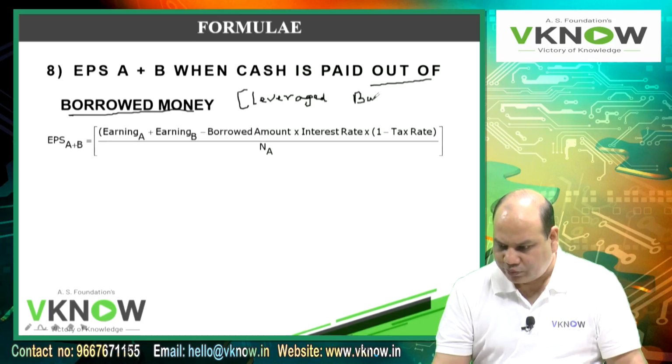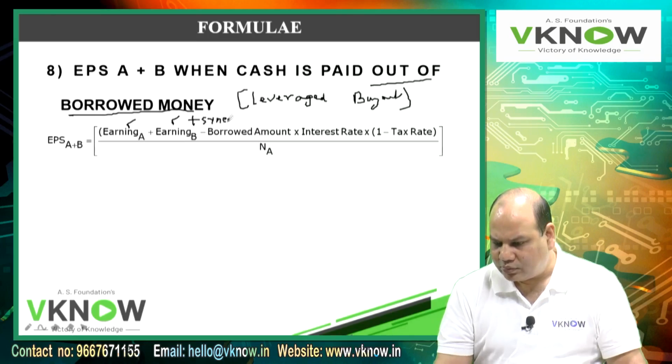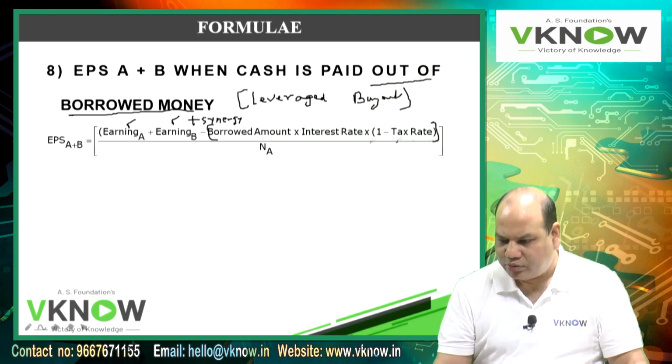Leveraged buyout. So what I'll do, I will take earning of A plus earning of B and you also mention synergy. These three things will be there, minus. Now you see what we will do, when we borrow money and acquire another company, we have to pay interest on that borrowed amount into interest rate, and on that interest amount you get tax shield, so into 1 minus tax rate.